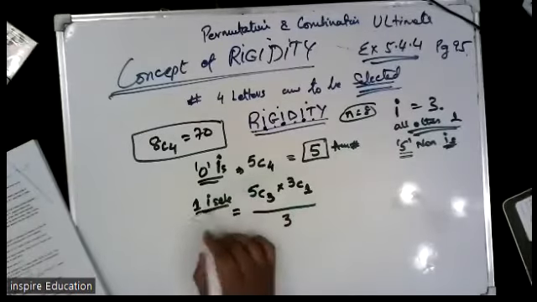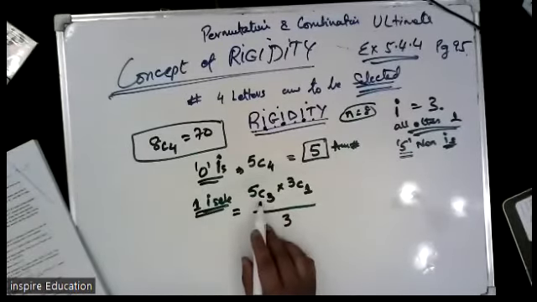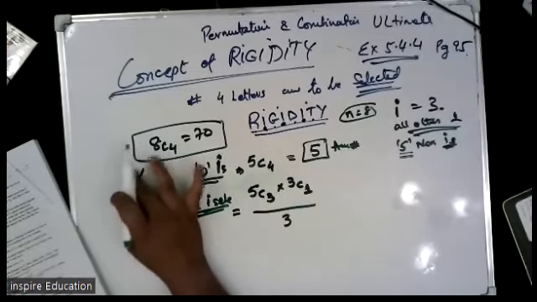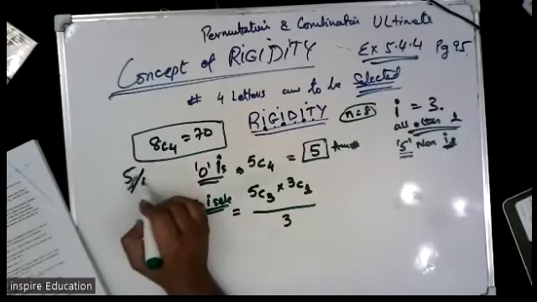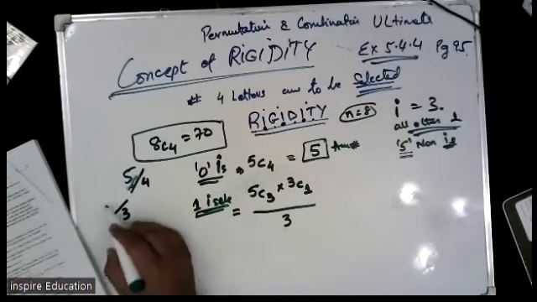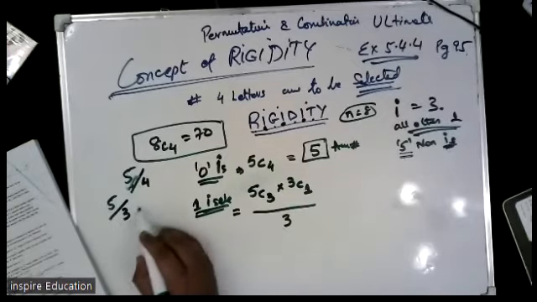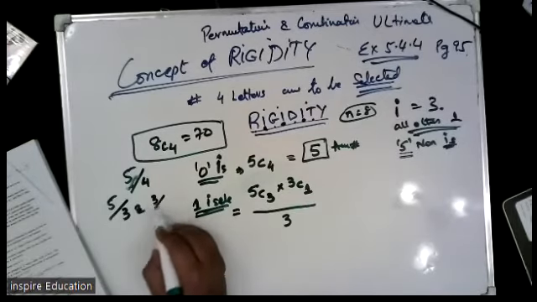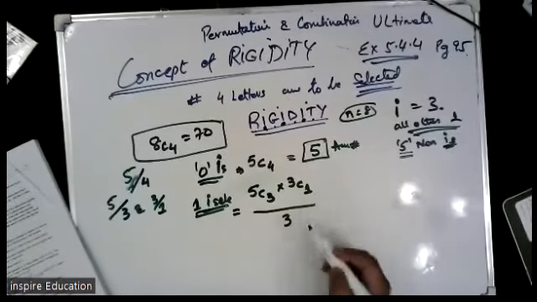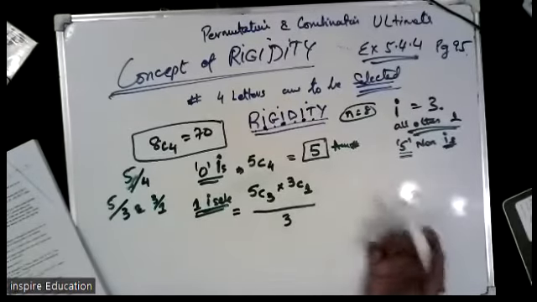One eye selected means out of 5 non-eyes, we're selecting 3 non-eyes, and out of 3, we're selecting 1 eye. That's how you write it down. But then you divide it by 3 because every eye is the same.